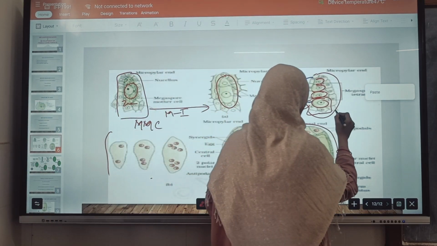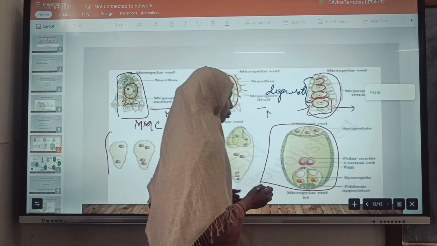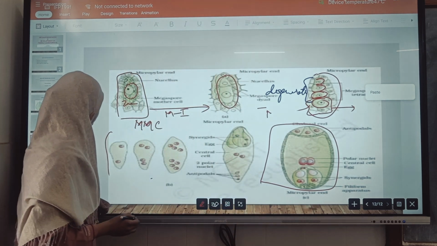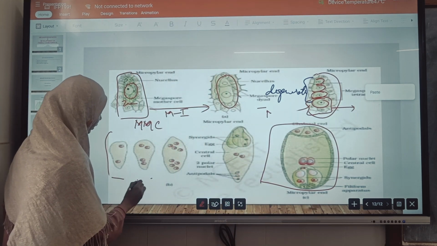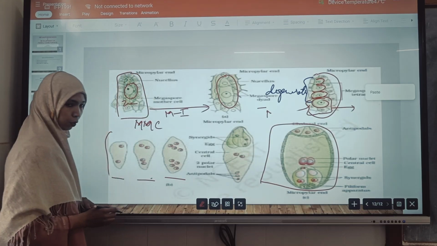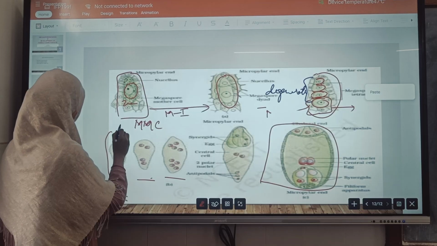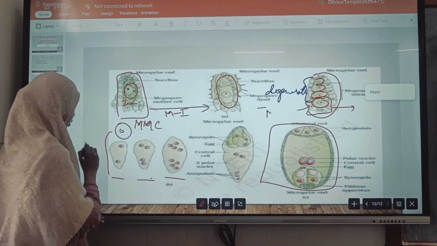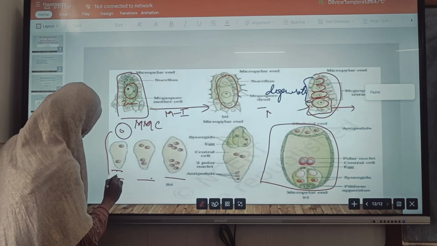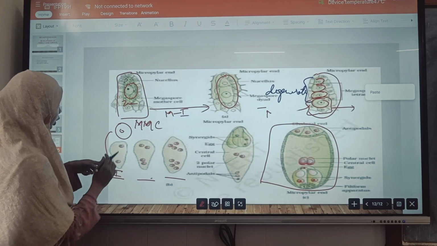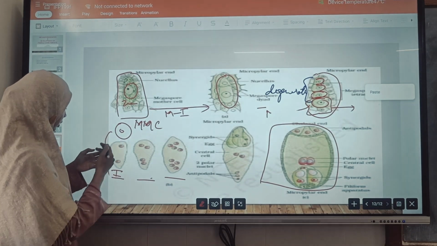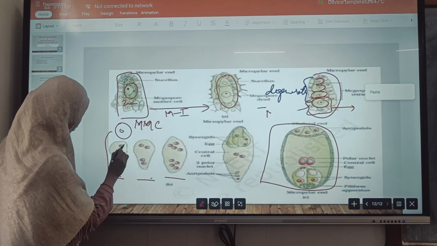So this functional megaspore undergoes 3 successive free nuclear divisions. This shows the 3 sequential nuclear divisions. First, the functional megaspore undergoes the first nuclear division and forms 2 daughter nuclei, which move towards opposite poles.